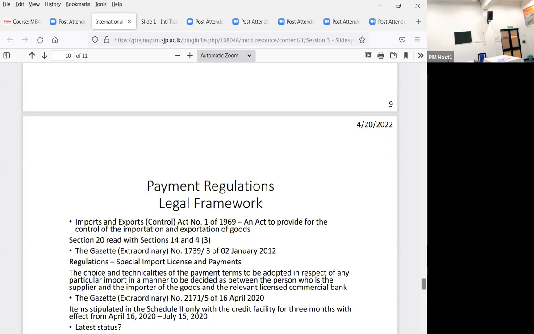As an exporter, what is the most secured, the best thing you will insist on? Advance payment. Very good. Advance payment is the most secured one, and the least secured is the consignment basis, or what you call open account. As an importer, it turns the other way around.